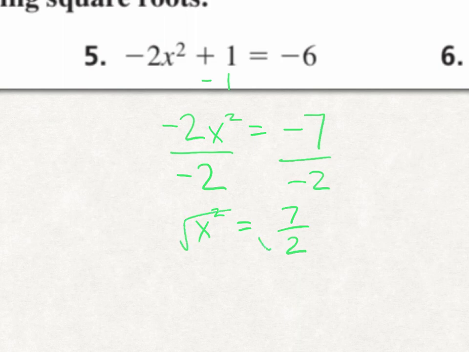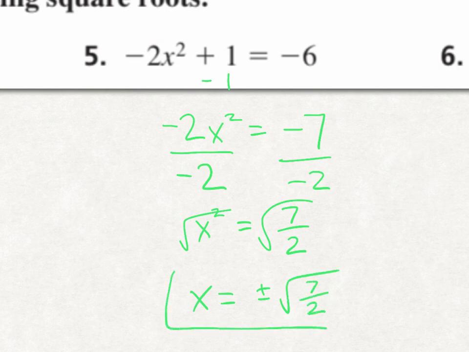Square root. So x is equal to, Ian, what is x equal to? Plus or minus square root 7 over 2. Ian, can we simplify this? No, we cannot. So you just leave it as x is equal to plus or minus square root 7 over 2.